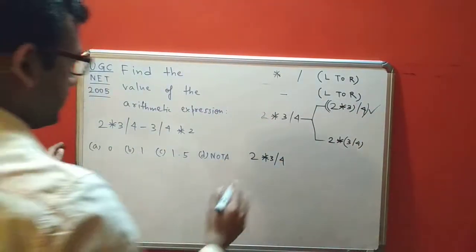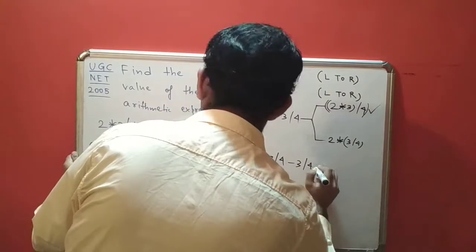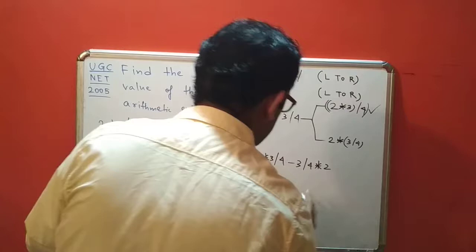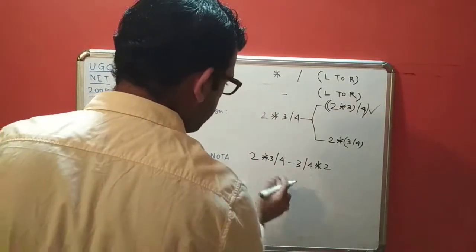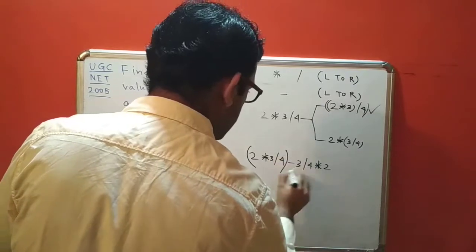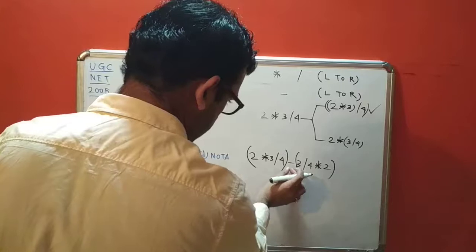So I have 2 star 3 divided by 4 minus 3 divided by 4 star 2. First I'll look at the rules of precedence. According to the rules of precedence, I'll evaluate this part and then this part, and at the end I'll perform the subtraction.